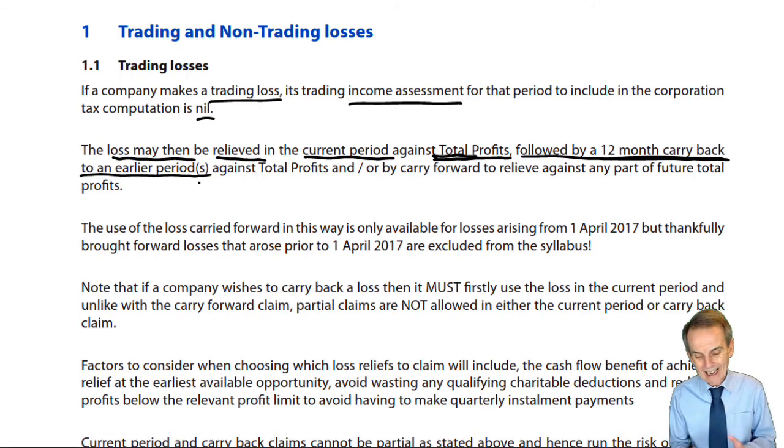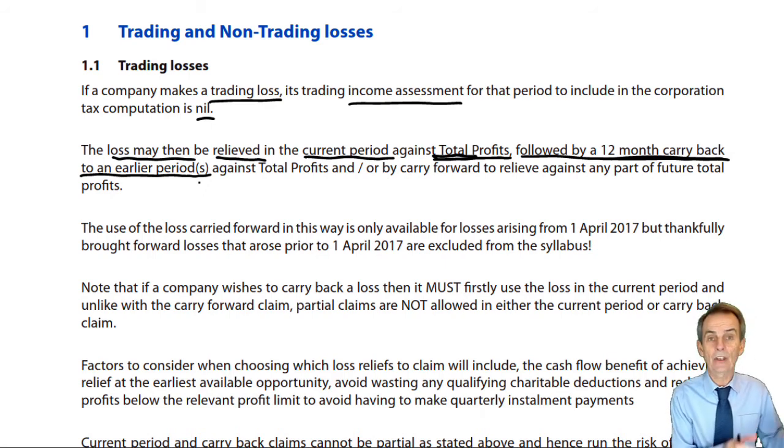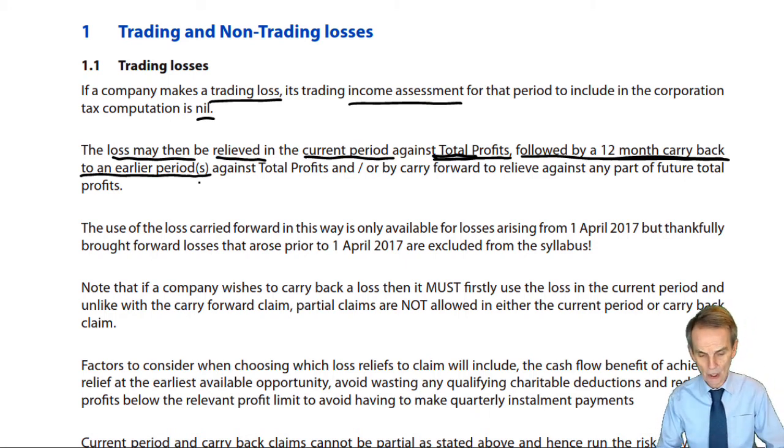Therefore, when in an accounting year you experience the trading loss, if you've made a current period claim against total profits, that will then allow you access to a carryback claim. Now there it would be to the previous accounting year end. It is specifically a 12-month carryback. So if it's year end back to year end, it's just back to the previous accounting period.